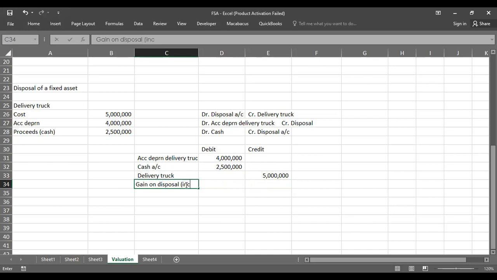It's actually an income account, the balancing figure. These are the journals you pass for either a gain or a loss on disposal when you sell off a fixed asset. This happens if there's a gain on disposal. If there's a loss on disposal, the debit is less, and therefore the balancing figure will be on this side.